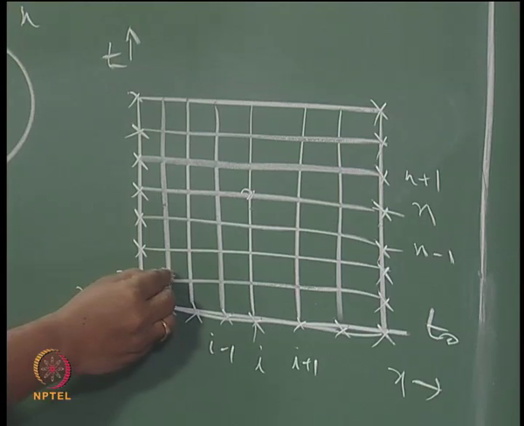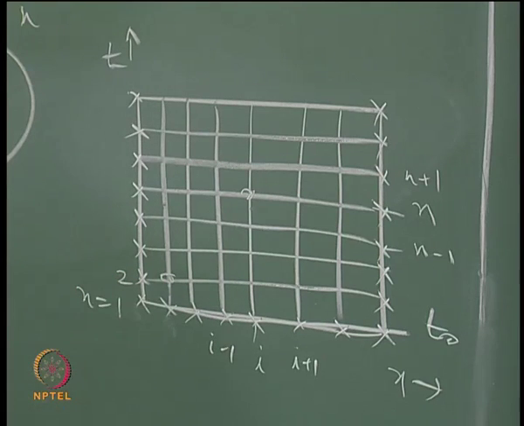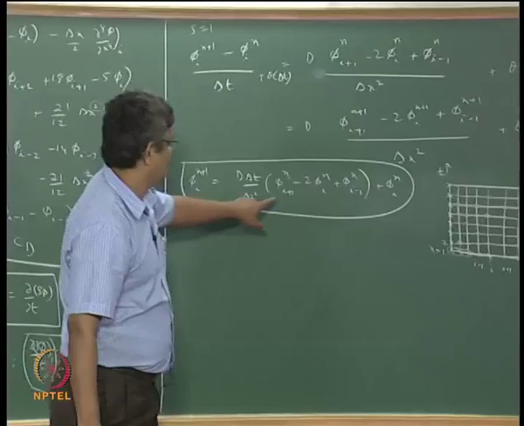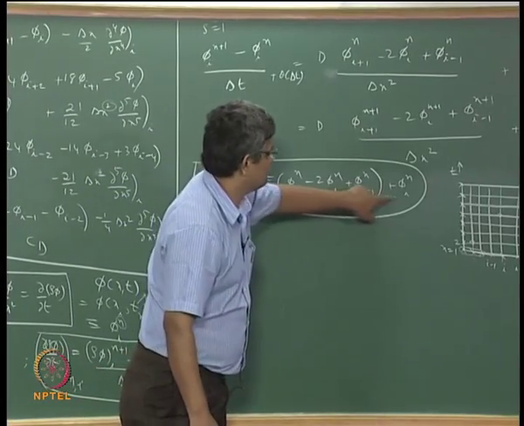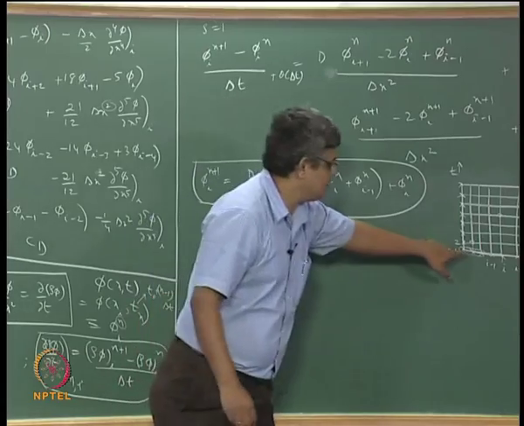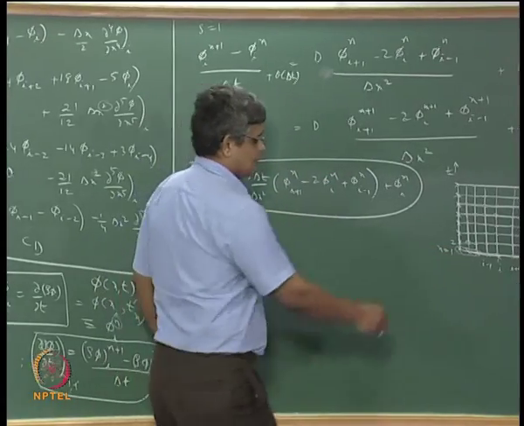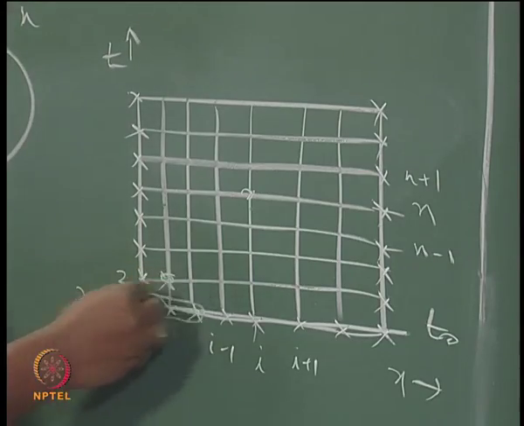So this value is now specified in terms of these three values. You can see I plus 1, I and I minus 1 are coming in this at the previous time step. So this is known, so we can compute this.